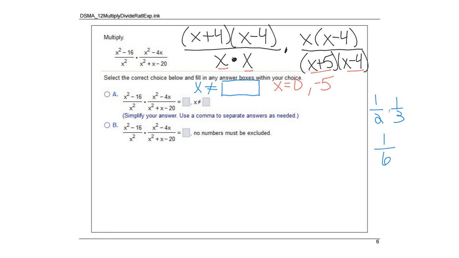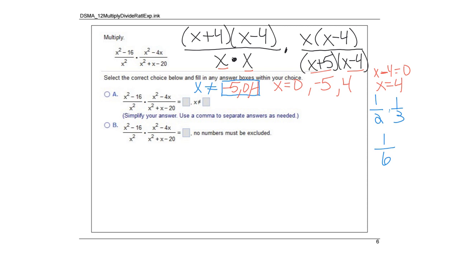And then finally, when I'm looking at x minus 4, that's going to give me a +4. Because remember, we're setting these equal to 0. So if I set x minus 4 equal to 0, if I add 4 to both sides, I get x equals 4, right? If I set x plus 5 equal to 0, move the 5 over, I get -5. So those are my exclusions. We're always going to check for those first. I like to put mine in numerical order, but you don't have to.